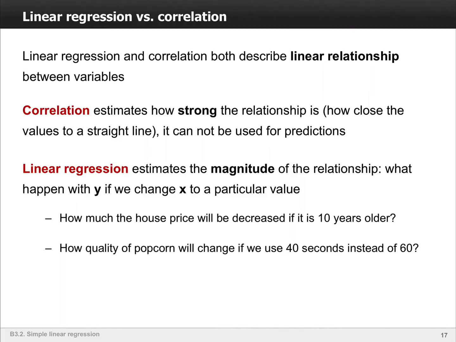So if you make a regression model that tells you the dependence between the quality of popcorn and the time you use to make it, then you can predict, for example, what if we use 40 seconds instead of 60, how it will influence the quality of the popcorn. If, of course, the quality of popcorn and the time for cooking have a linear relationship.